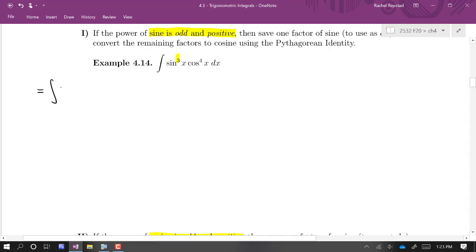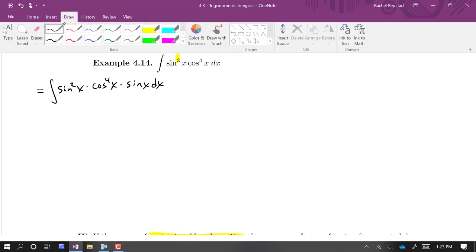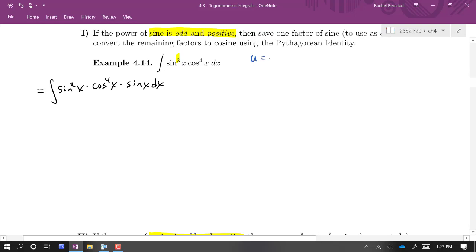So I'm going to write this as sine squared x times cosine to the fourth x times sine x dx. We are thinking here that u is going to be equal to cosine x, so that du is minus sine x dx.